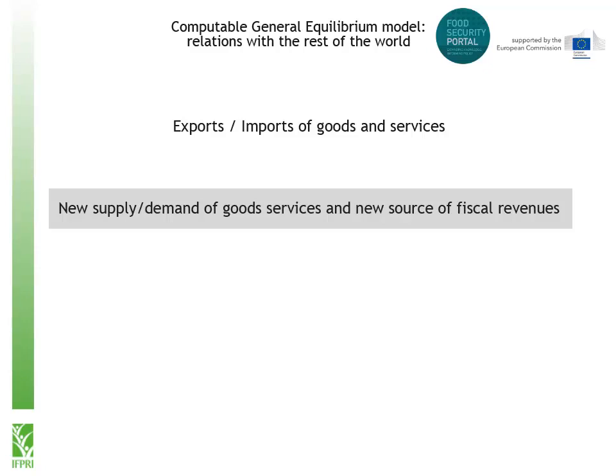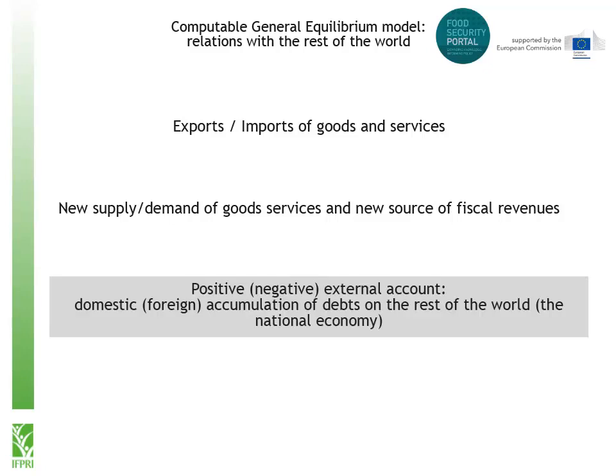So this also implies a new source of fiscal revenues, in particular if the government applies customs duties, import duties, but also export taxes. And it means also that we may have either a positive or a negative current account, a surplus or a deficit, or what we also call a goods and services account, or an external account.